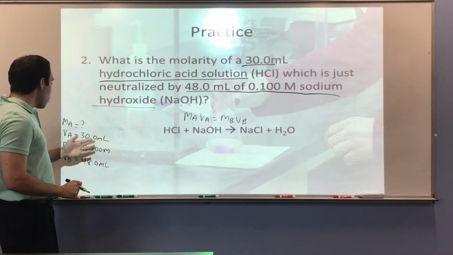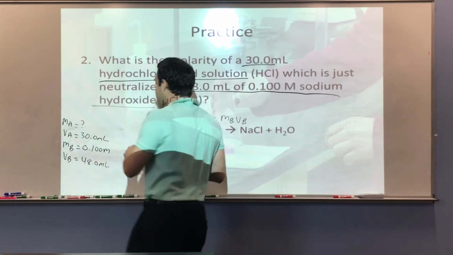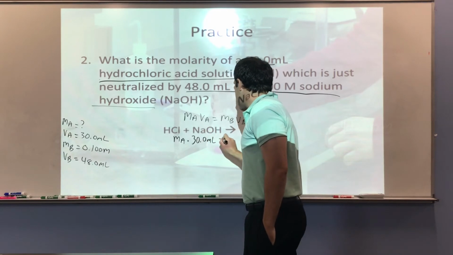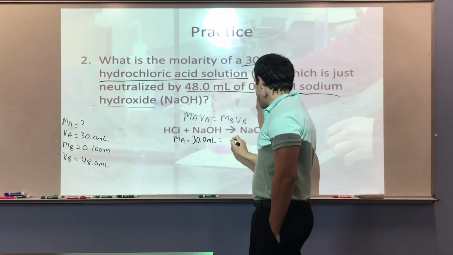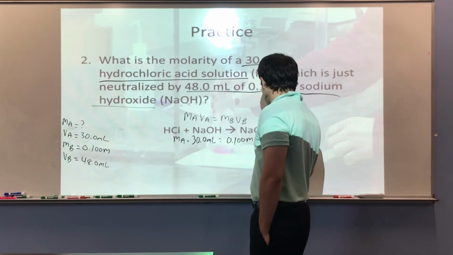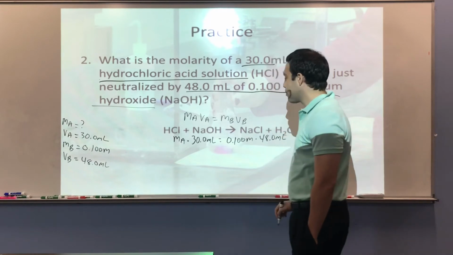We plug in our numbers, MA, we still don't know, times VA, 30.0 milliliters, equals MB, 0.100 molar, times 48.0 milliliters.